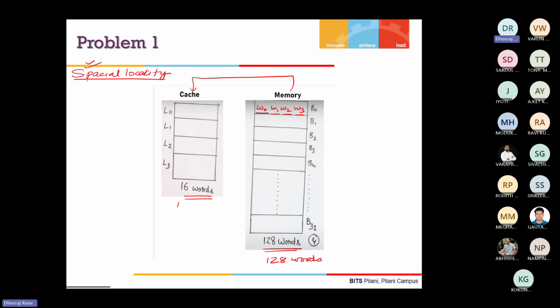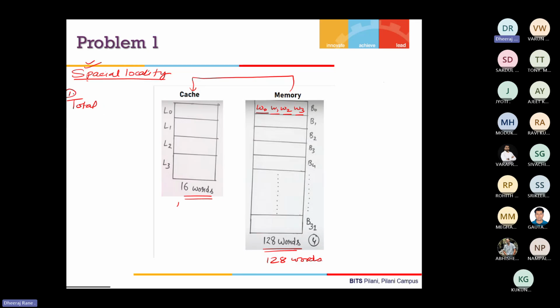Okay, so B0 or anything, because now here I am having four lines. For four lines, I'll be needing 2 bits. So first thing, what I suggest is you have to calculate the total number of bits, so that once I have the total number of bits, later on we can bifurcate.